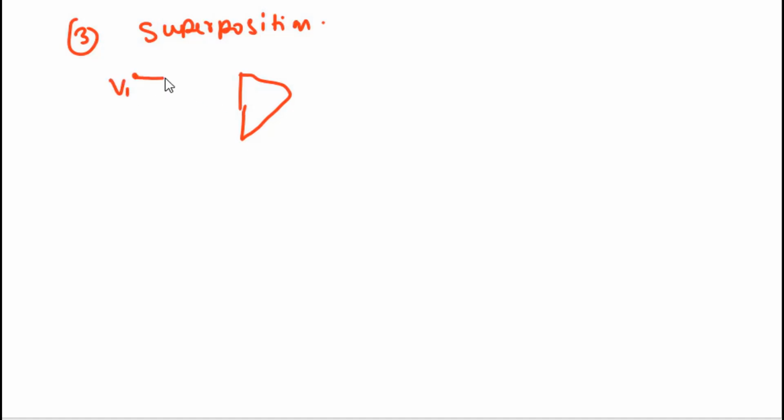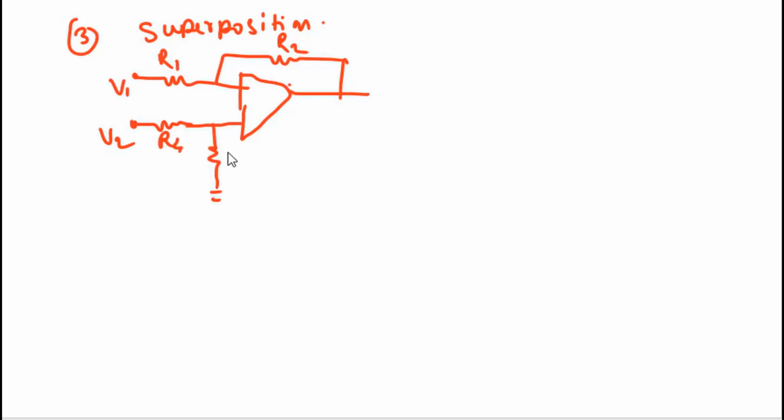Now the third and most important data for this question is superposition. In superposition, if we are given two independent supplies, one is V1 and one is V2, then while calculating the output you can use the superposition rule.